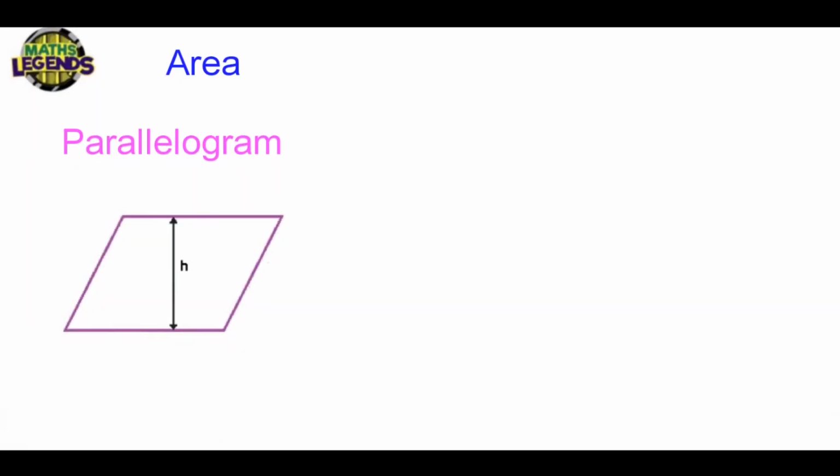A parallelogram. The area of a parallelogram is given by area equals base times height. So it's the same formula as a rectangle. So why is it the same? Well, this is effectively a rectangle that's been stretched. If we were to take this corner and pull this towards the left, we would end up with the shape moving this way.